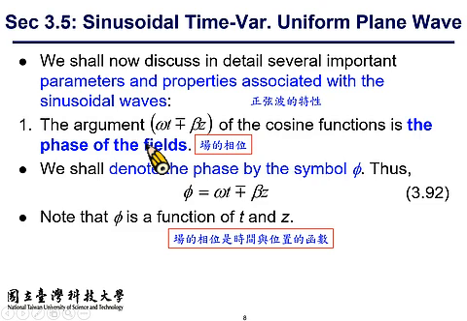Phi equals omega t minus/plus beta z. Note that one important thing about a propagating wave is that the argument, the parameter of the function, must comprise description about time and space together.